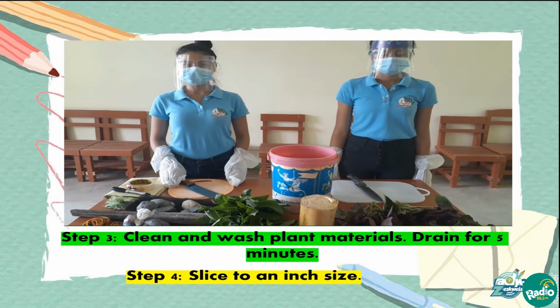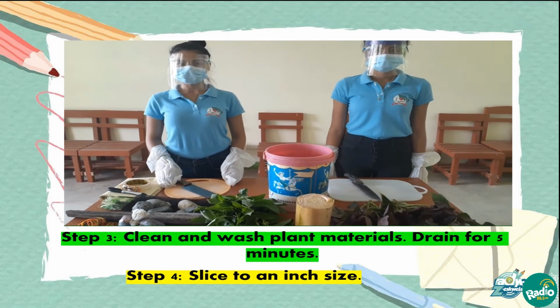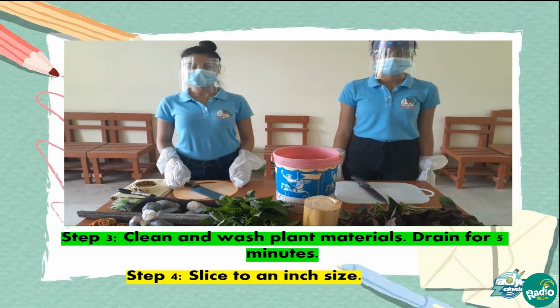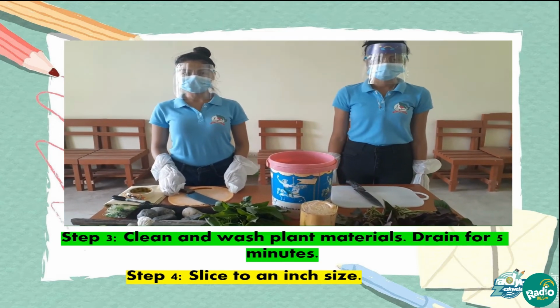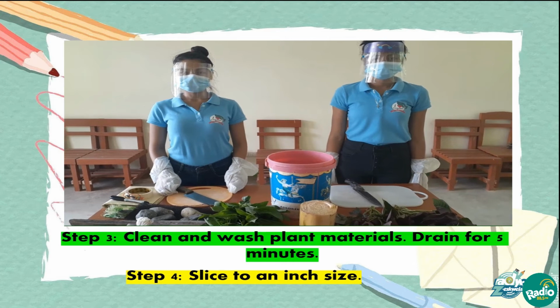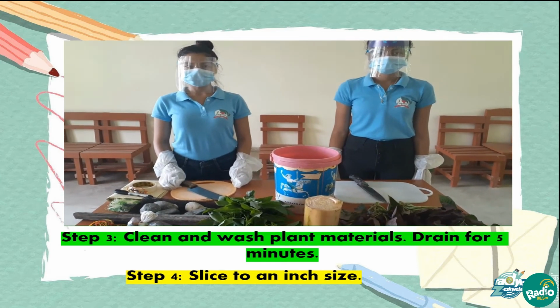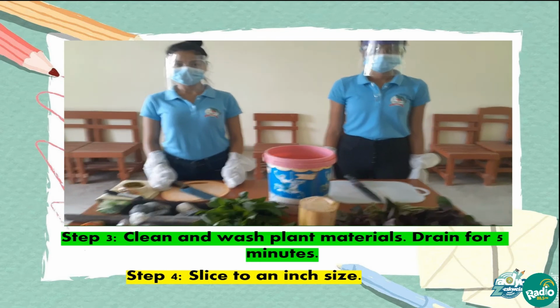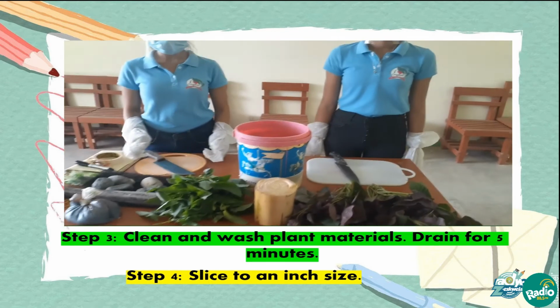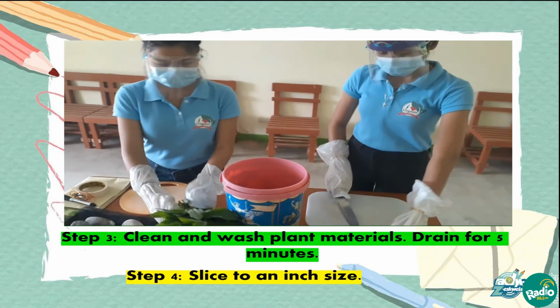After draining, slice the plant material to an inch size for easy extraction of juice. You don't really need to measure it in an exact 1 inch size. Just see to it that it reaches approximately an inch size.